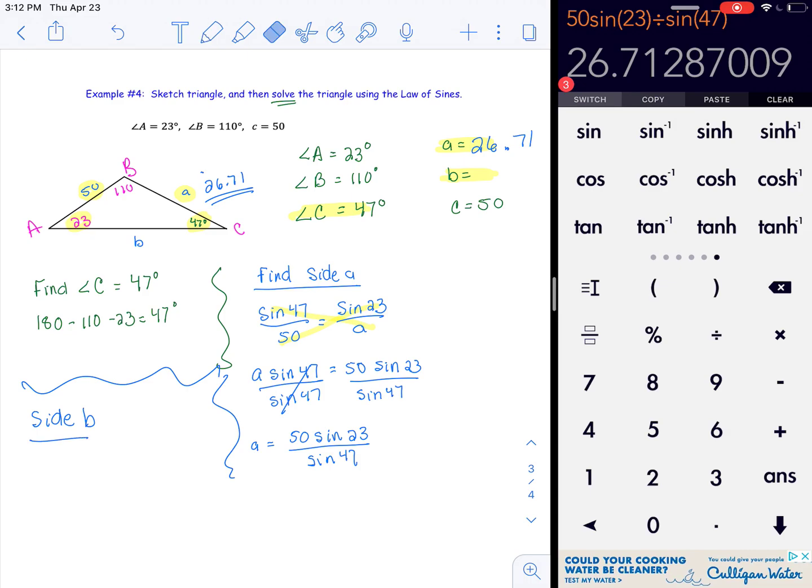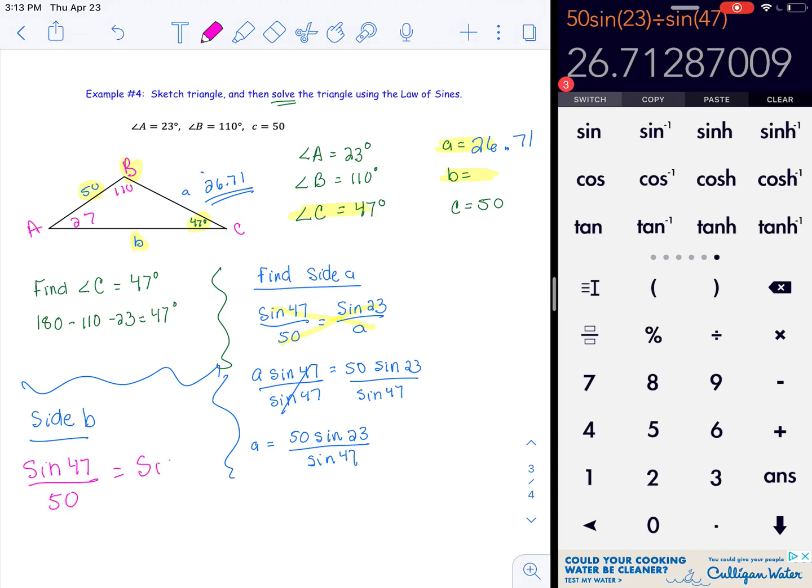So now I can still use the ratio of side C and angle C. So I'm going to say the sine of 47 degrees over 50, but now I'm looking for side B, so I'm going to use angle B and side B to finish off my proportion.